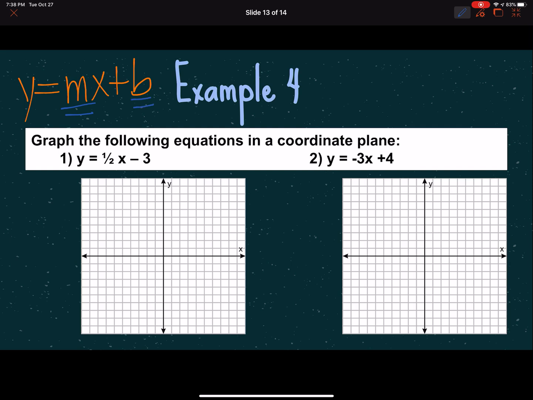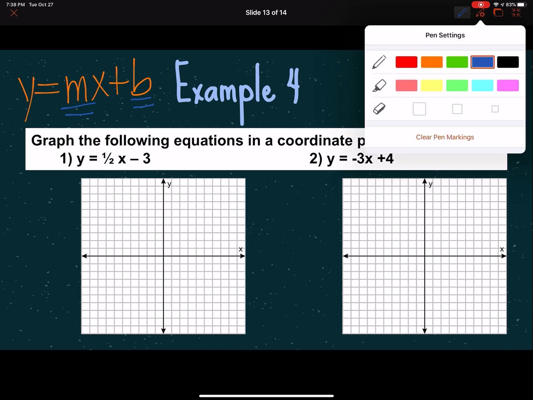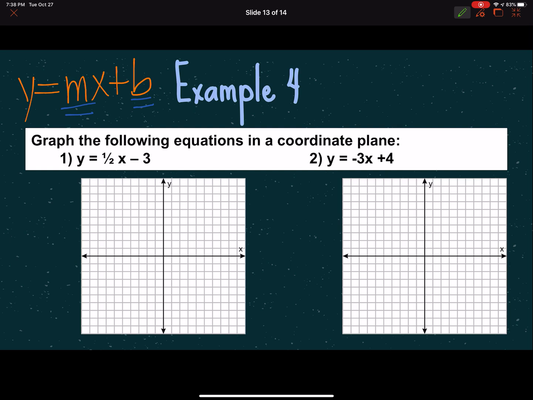So go back to those. M is how we move, b is where we begin. So if b is where we begin, that tells me negative 3 is where we cross the y-axis.